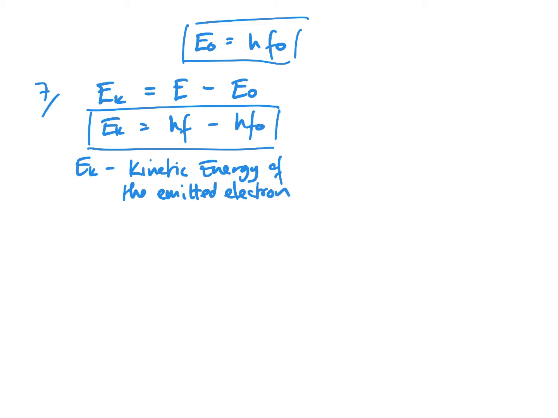And from that we can work out the speed of the emitted electron. Strictly speaking, it's a maximum speed because you can sometimes find that you get a wee bit less. So you'll often find in questions it refers to it as a maximum speed. H we've already defined as Planck's constant.